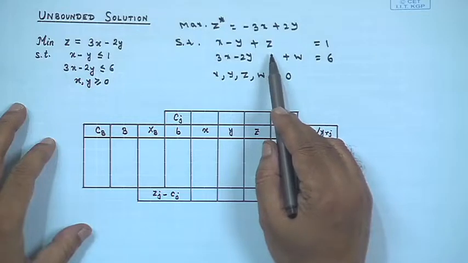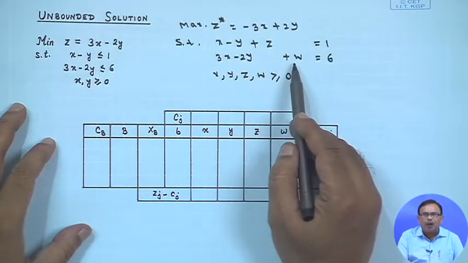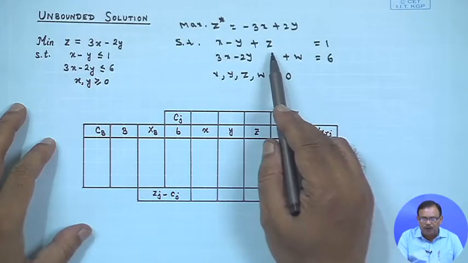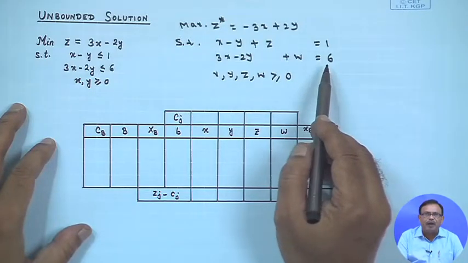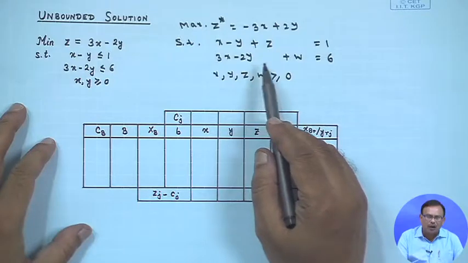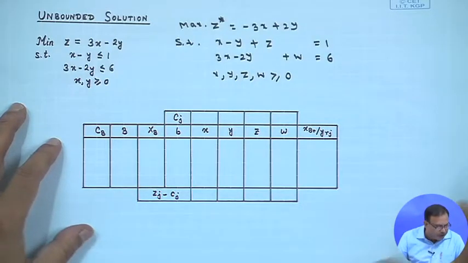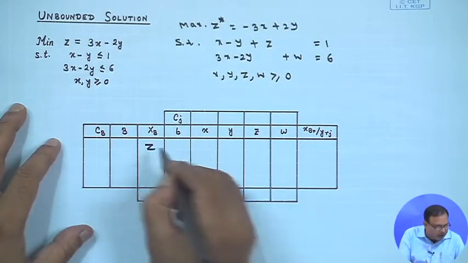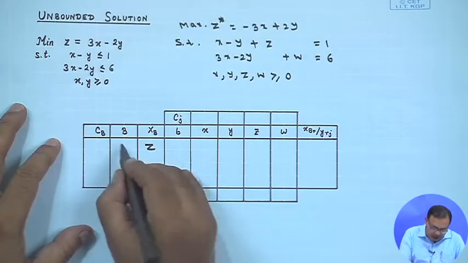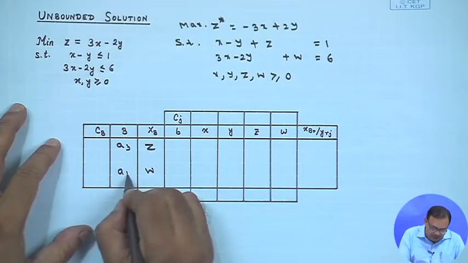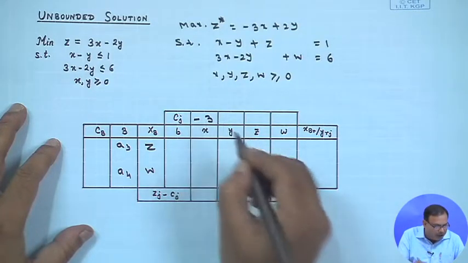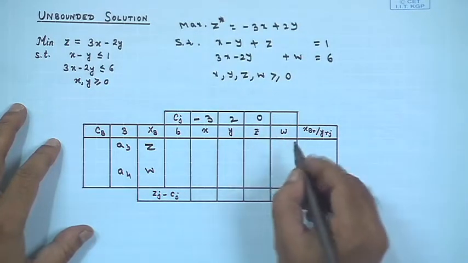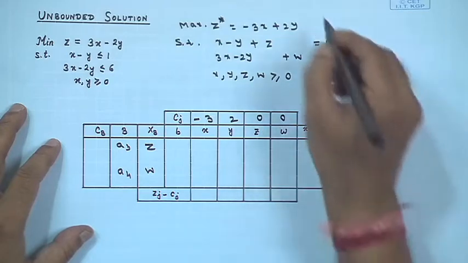Now, let us apply the simplex algorithm to check what is happening over here. In the basis, the variables will be z and w. The initial basic feasible solution will be z equals 1, w equals 6 and the values of x and y are 0. So, I am writing A3 and A4. Your Cj values are minus 3, 2, and the coefficients of z and w are 0.